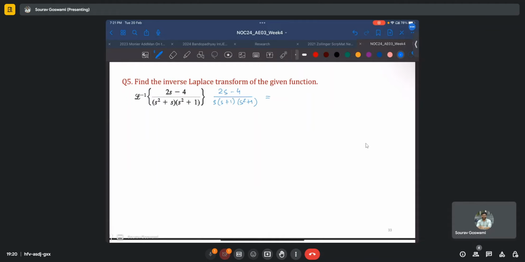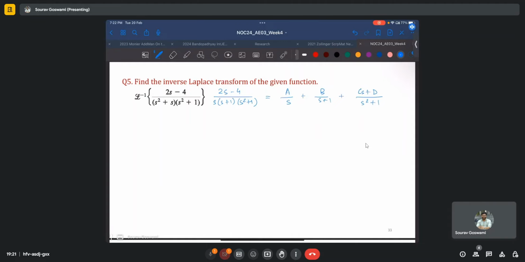And we know that this can be decomposed into fractions of the form a by s plus b by s plus 1. And since for the third denominator we have a second order, the numerator would be of the form cs plus d. Had it been of a cubic type polynomial, we would have had something like cs square plus ds plus e and so on. The numerator will be of one order less than the denominator.